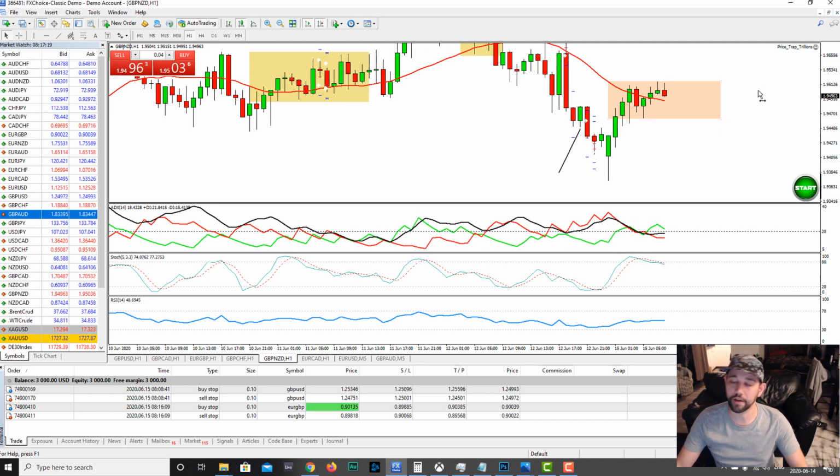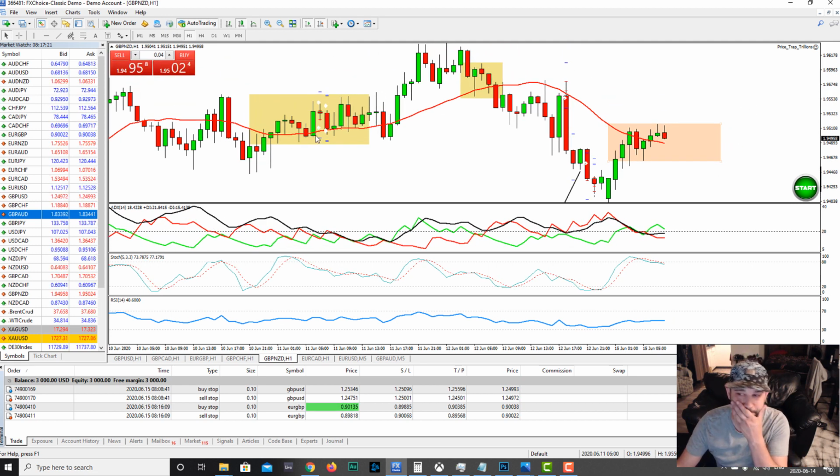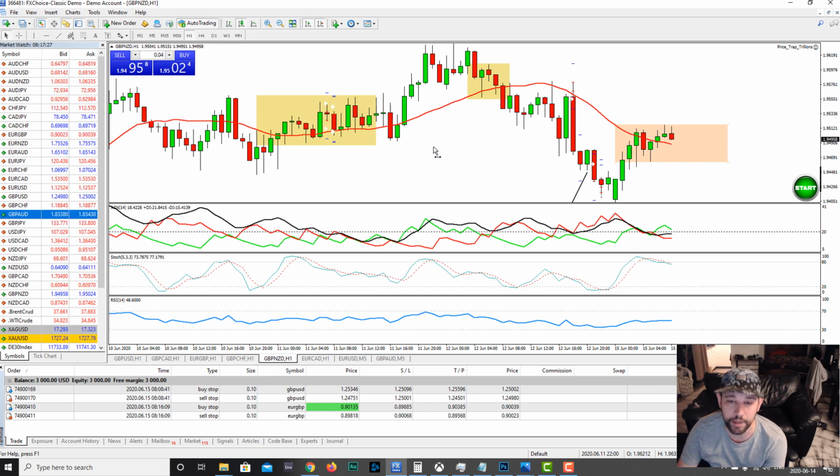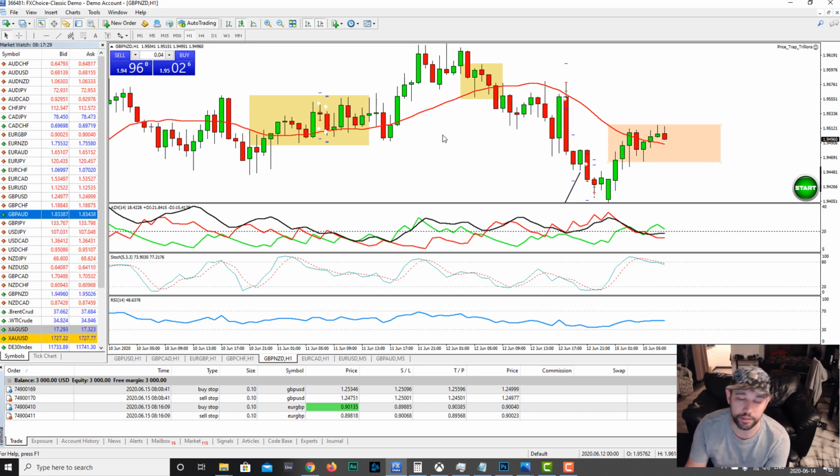So if I were to have a 25 pip stop loss and I was only going for 15 pips and I lost 2 out of 4 trades, I would be negative in profit. Okay?